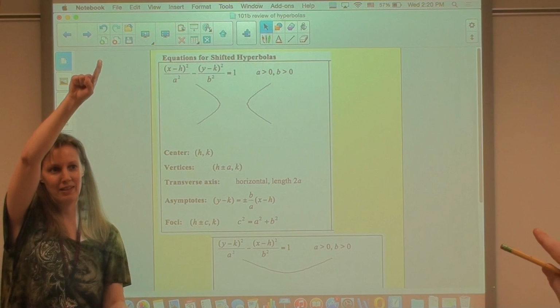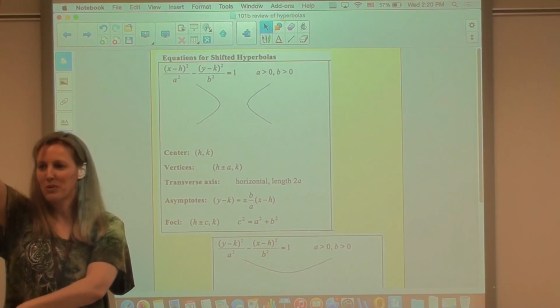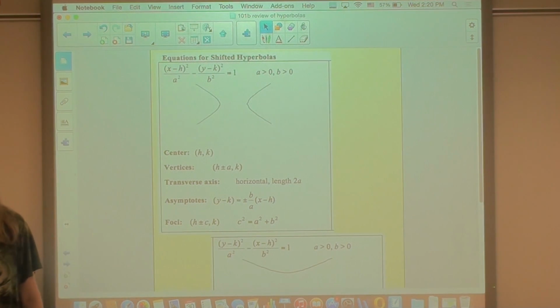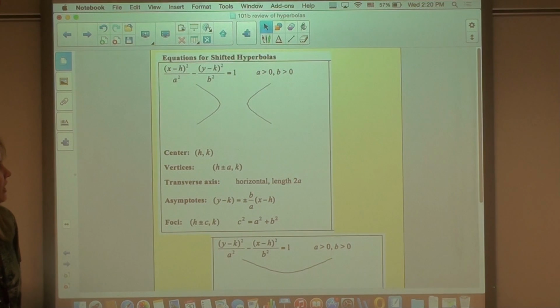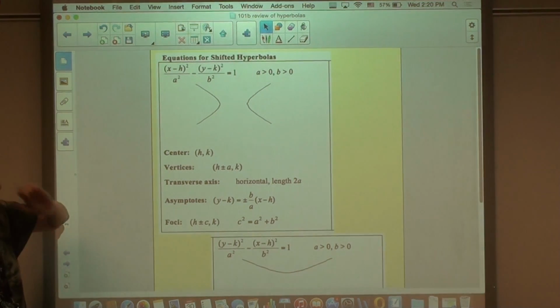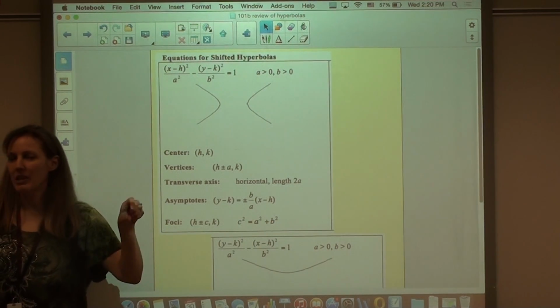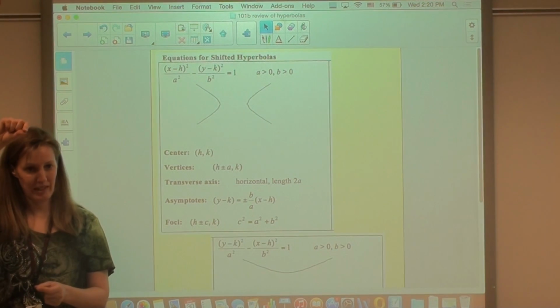The center is the same. The number under the x tells you how far left, right. The number under the y still tells you how far up and down.